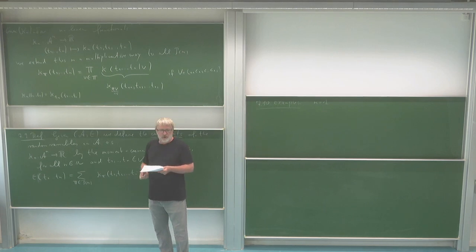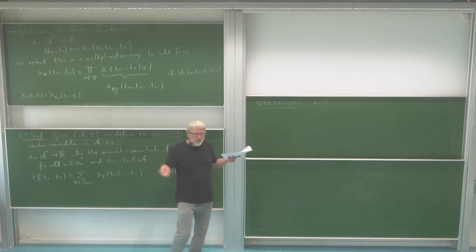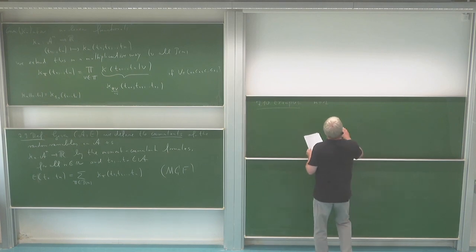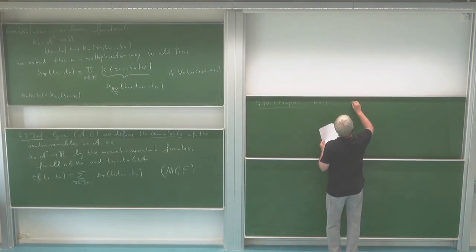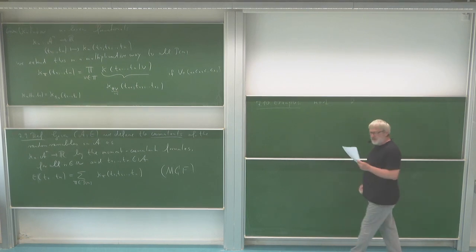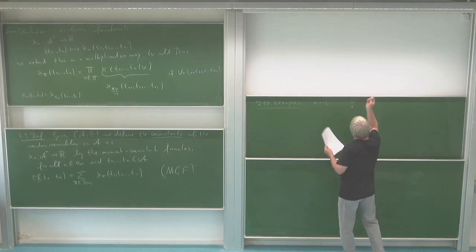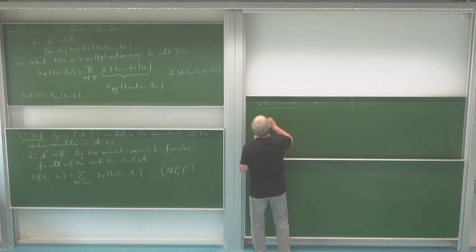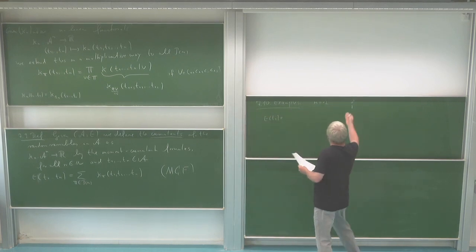There's only one partition, because I cannot decompose this in any way. So there's just one block. And then this tells me that E of T1 I have to sum over just this element.